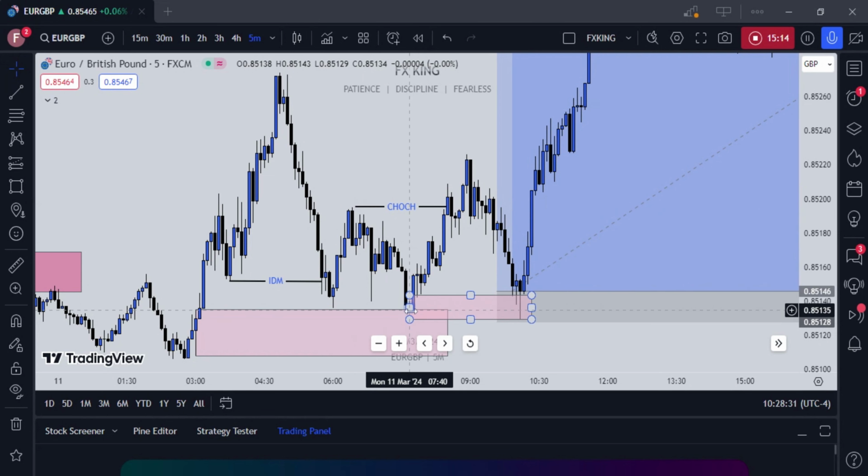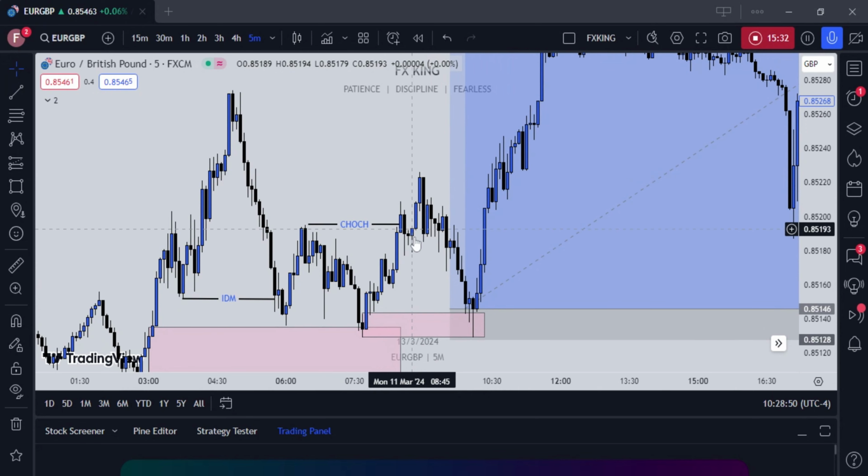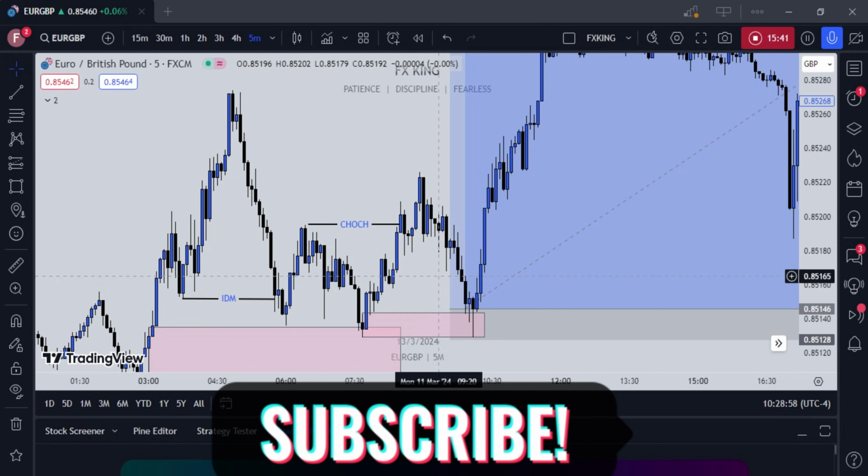What we need to wait for is for price to push above, close above this zone or wick above. Either is fine. Then price should create inducement, which it did here. Then when price returns from this zone to this zone, you can buy, and that's basically how the chalk model entry works.